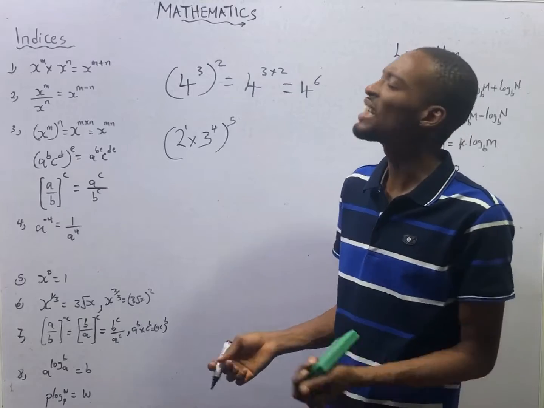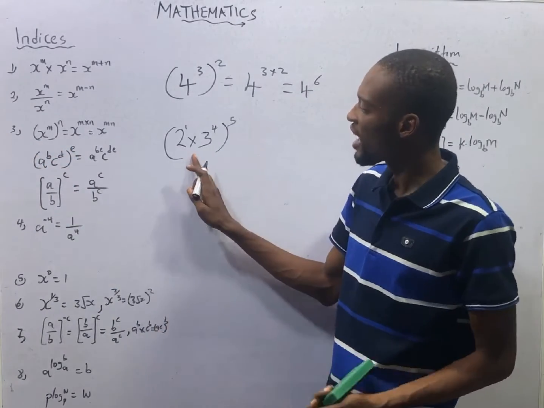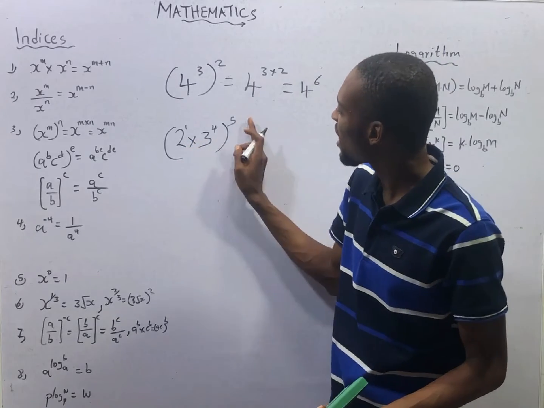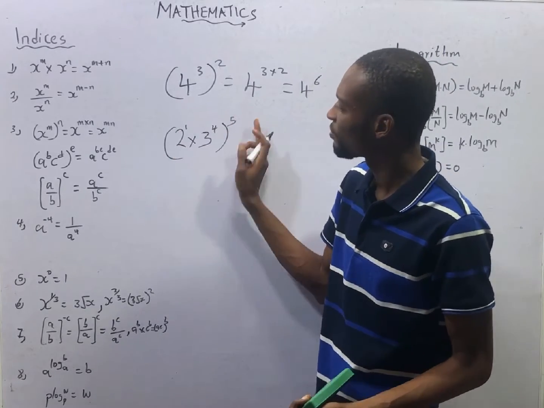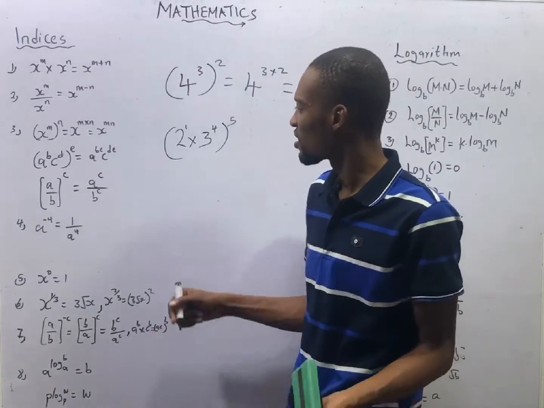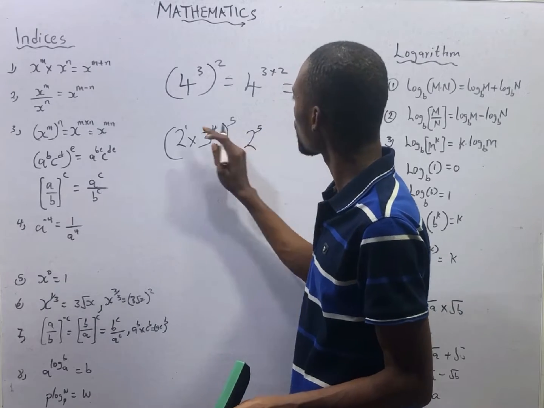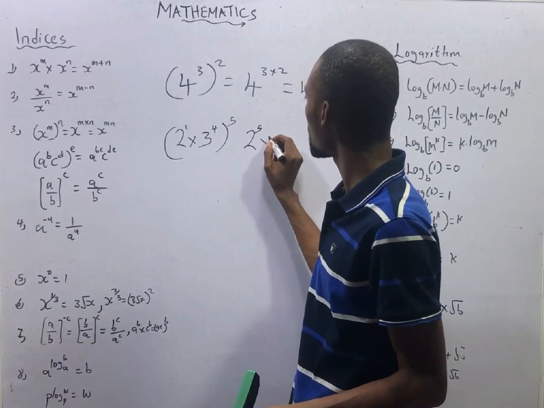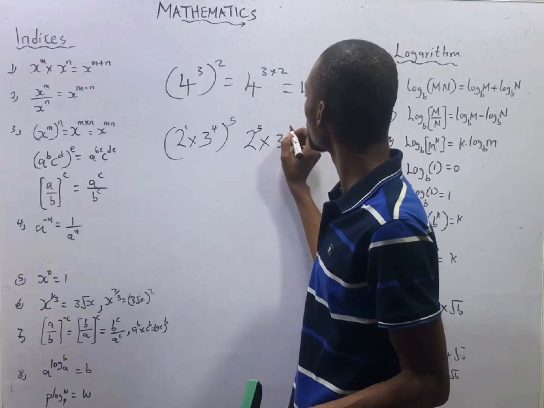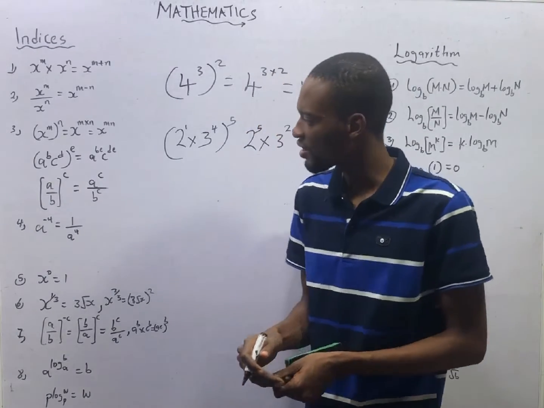The law of indices is trying to tell you that, as a bigger version of this, you can use the power outside here to multiply each of them. That means this is the same thing as 2 raised to the power of 5, since 1 times 5 is 5, times 3 raised to the power of 20. That is what indices is saying.